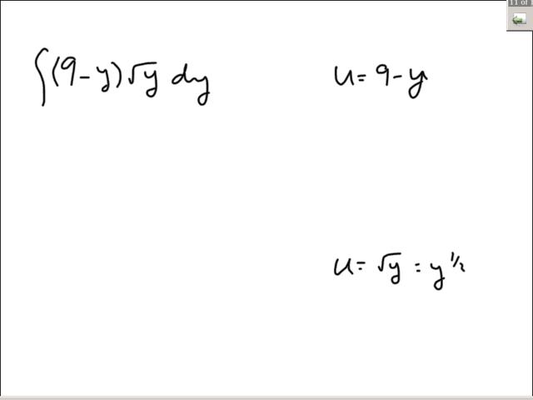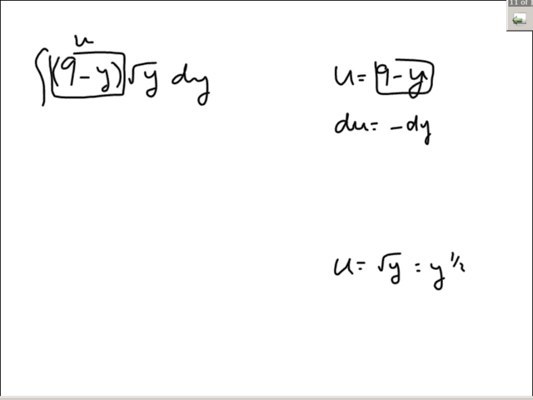Now, if you let u equal 9 minus y, then du will equal, well, the derivative of 9 minus y is negative 1 dy. Now, if you make the substitution, let's see what happens. We talked about what that part is, 9 minus y.